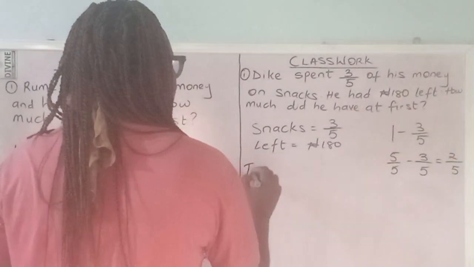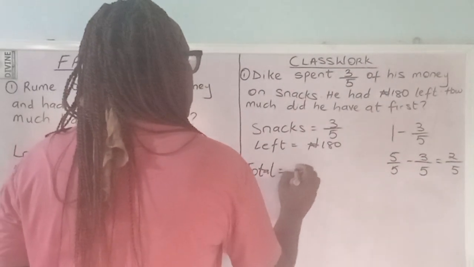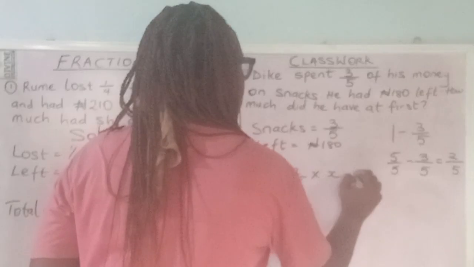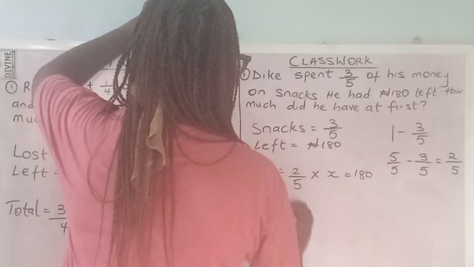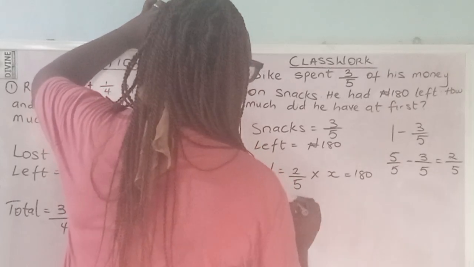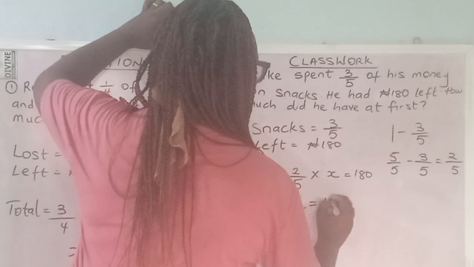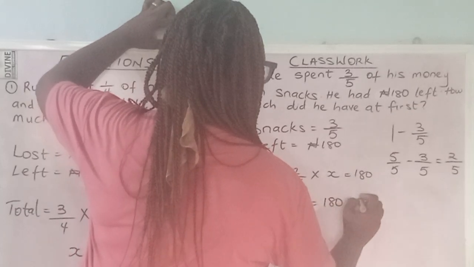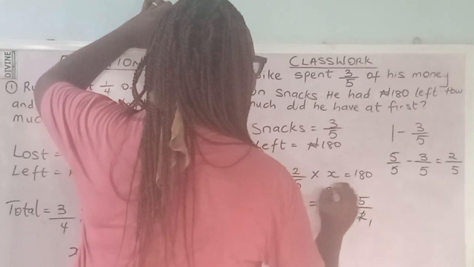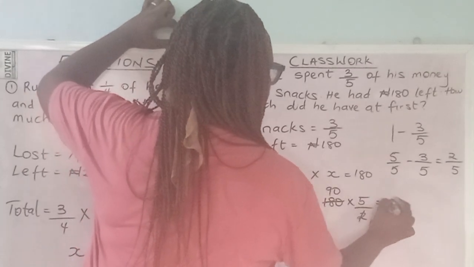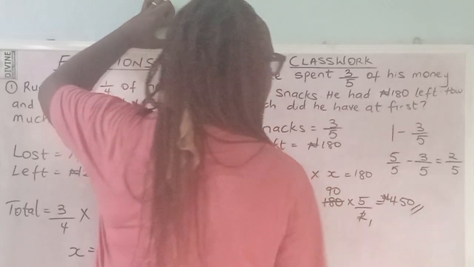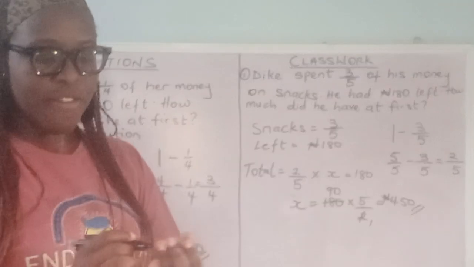So 2 over 5 of the total money is equal to 180. Let's go this way: x is equal to 180 times 5 over 2. 2 here 1, 2 here 90. 90 times 5 is equal to 450 naira. So the total money he started with is 450 naira.